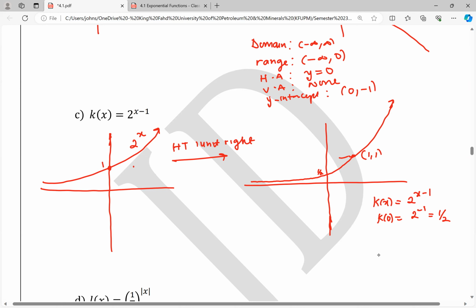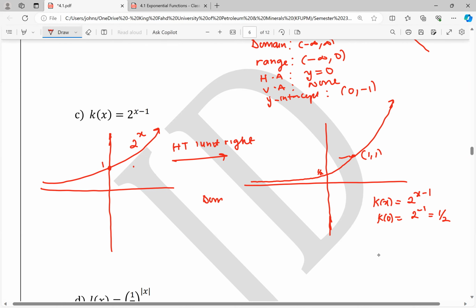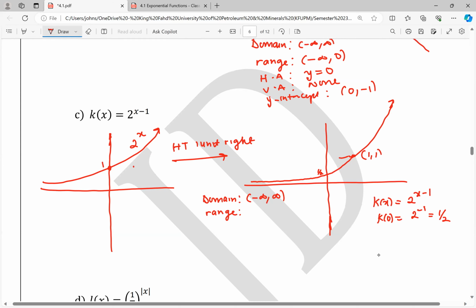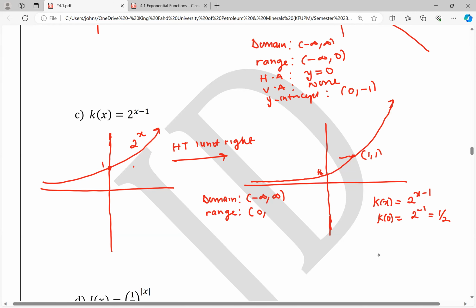Now, what do we say? We can talk about the domain. The domain is still minus infinity to infinity. That did not change. The range is still 0 to infinity.